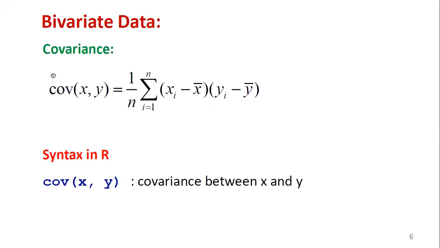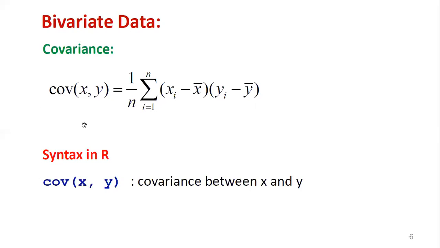First we will see covariance. Covariance for the two data vectors x and y is denoted by COV of x comma y. It is calculated by using the formula 1 by n sigma i equal to 1 to n (xi minus x bar) into (yi minus y bar), where x bar and y bar are the means of x and y.